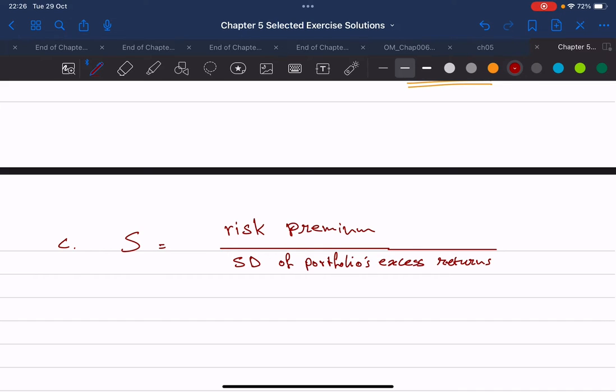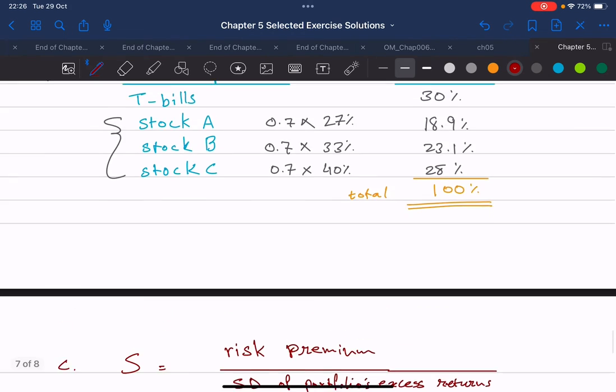Right? So based on that, we already have the expected return on the risky fund and the expected return on the investor's portfolio. Okay? We also know the standard deviation for the risky fund, and we know the standard deviation for the investor's portfolio.